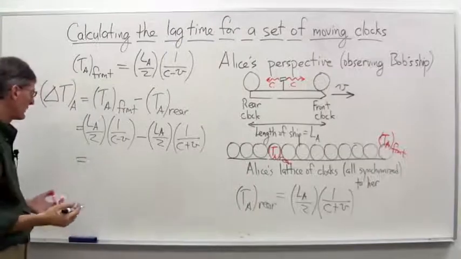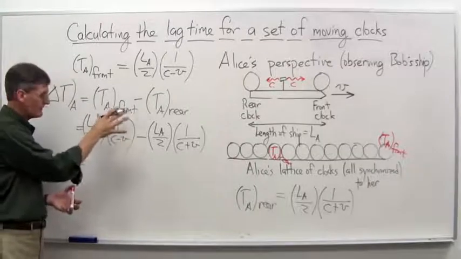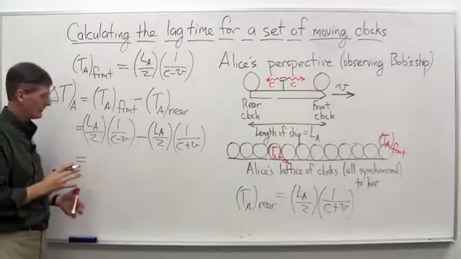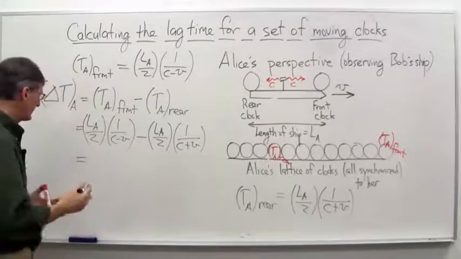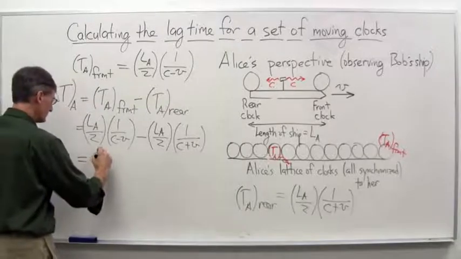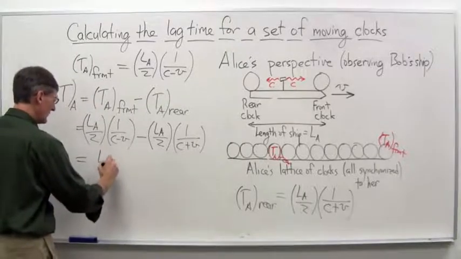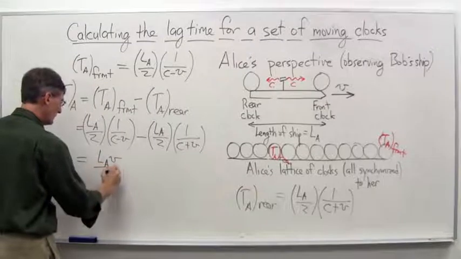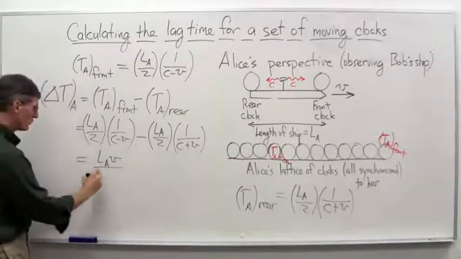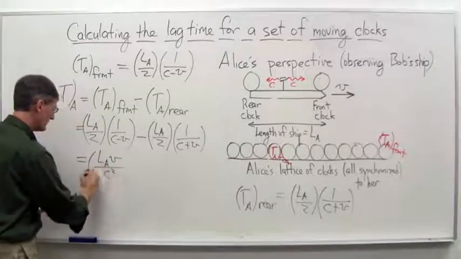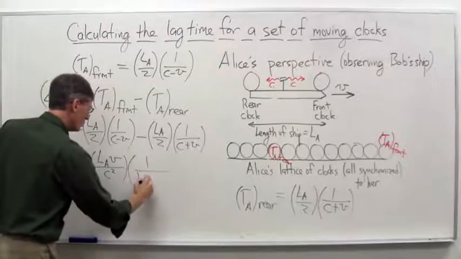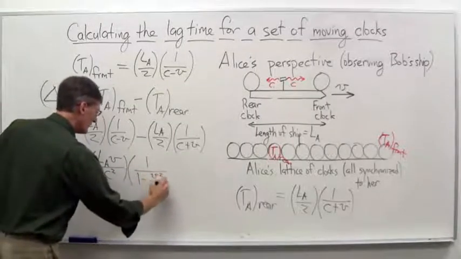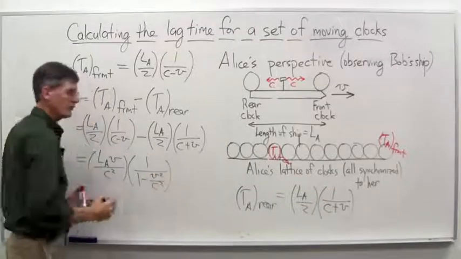But here's what happens. I'll leave a little exercise for you to take this and get to the next line here we're going to write down. You can check it against the answer here. Here's what you find. You get LA V all over C squared, times 1 over 1 minus V squared over C squared.